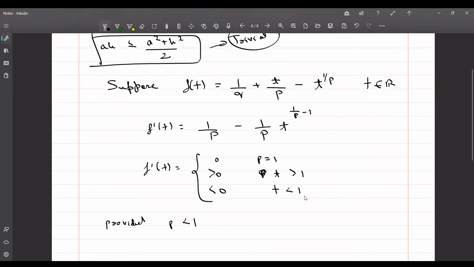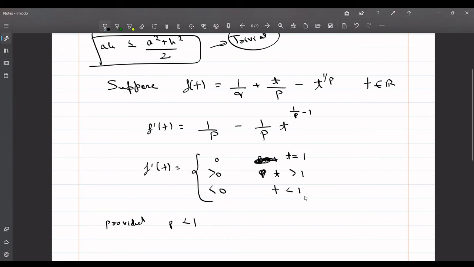Since we are defining these things for t and we are taking an arbitrary case where p is not 1, because we have already proved the trivial cases, let us define it as t equals 1. The same thing will happen.